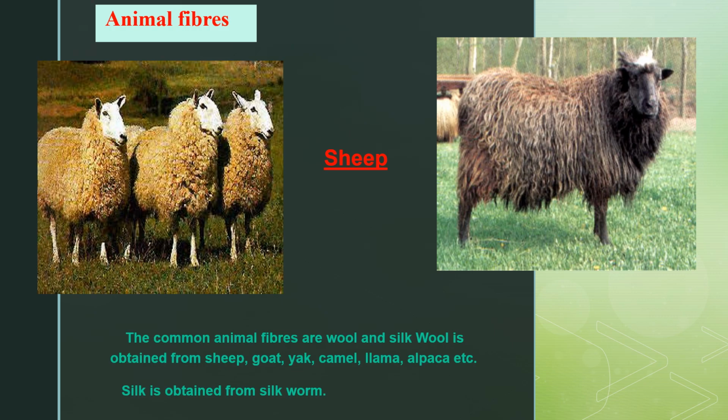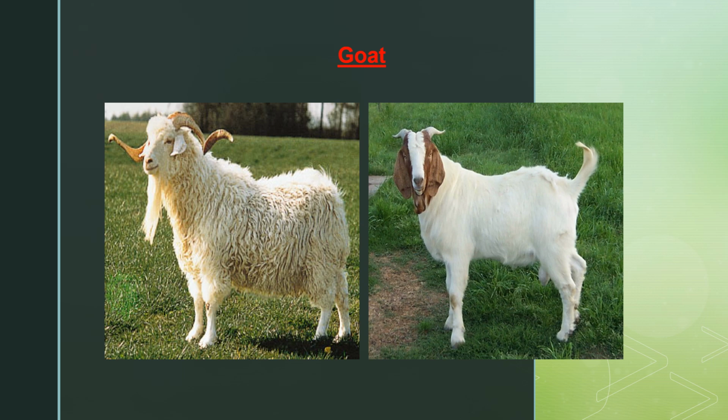Animal fibers that you're going to study in this particular chapter are wool and silk. Wool is obtained from sheep, goat, yak, camel, llama, alpaca, and silk is obtained from silkworm. Let us look at what these animals are. This is goat. You have the mountain goat and the normal goat.